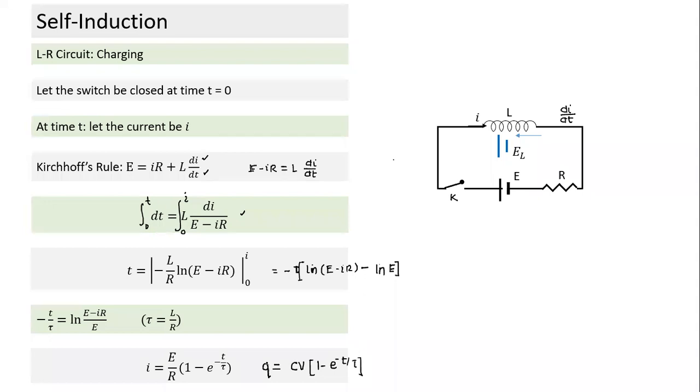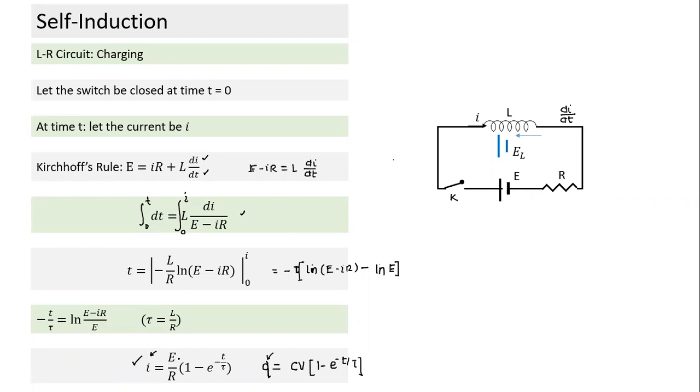Here we obtained the expression for charge, and here we obtain the expression for current. This is how the current will vary. Whatever graph we had between Q and t, the same nature of graph will be between I and t. So basically both are the same in nature, and Q is replaced with I here.